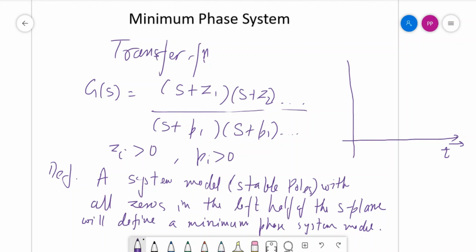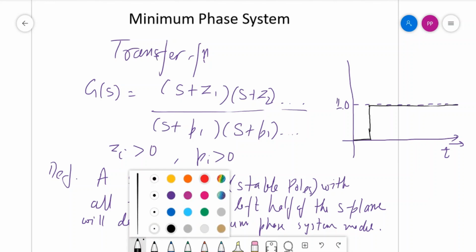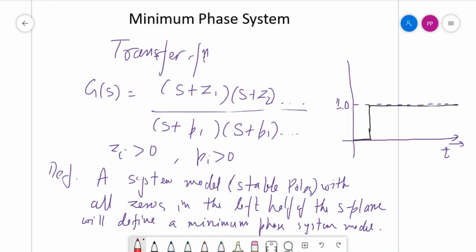It is the time axis. Let us assume that we are going to give a step input to the system. I am taking a delay initially from 0, then I am giving a step input like this, and then I will draw its response. As long as the input is 0, the output is also 0. Once the input comes, the output comes like this.